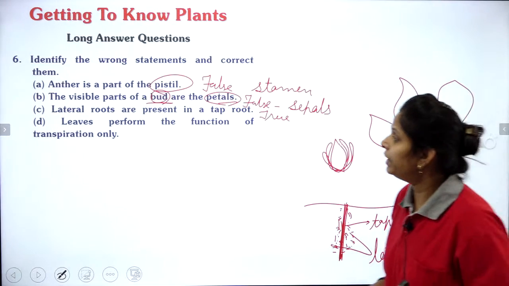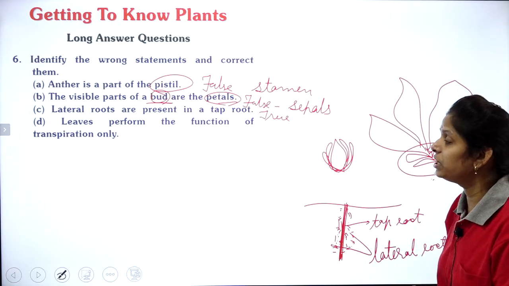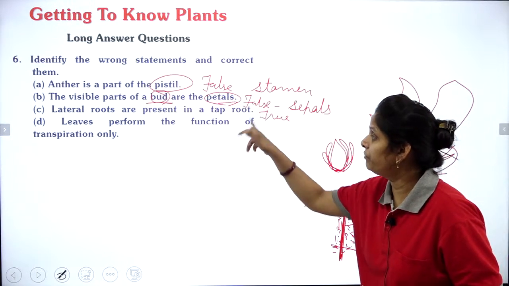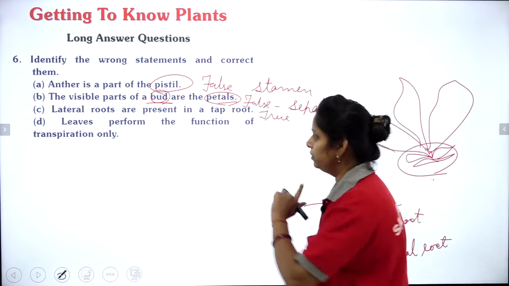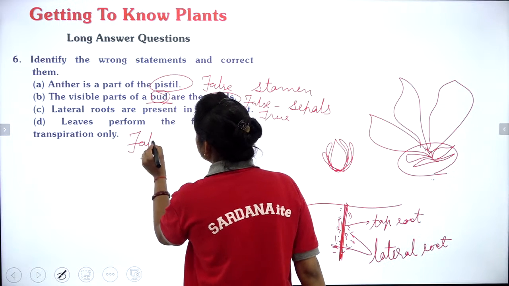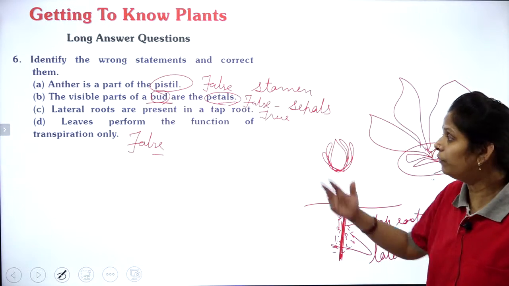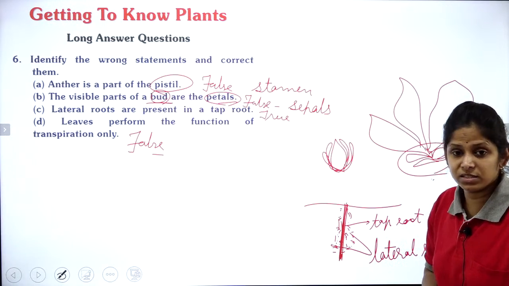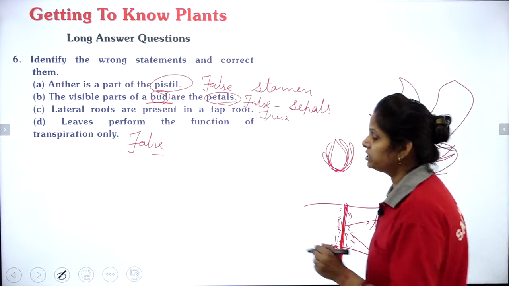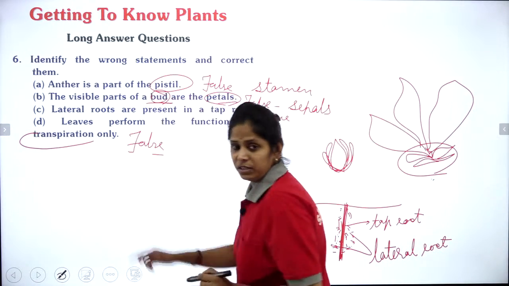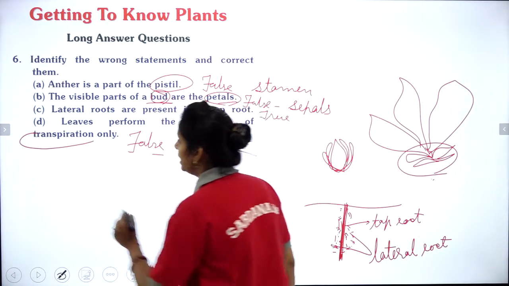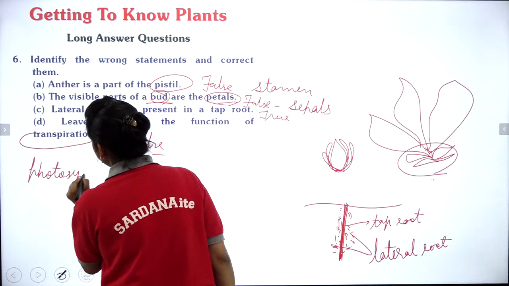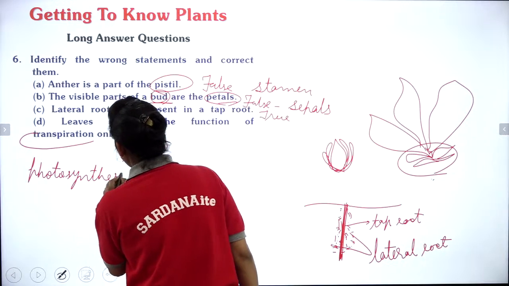Okay. Now, leaves perform the function of transpiration only. It is saying leaves perform the function of transpiration only. No, this statement is also false. How will you write it? You know, leaves perform three main functions. First is transpiration. Second is photosynthesis.